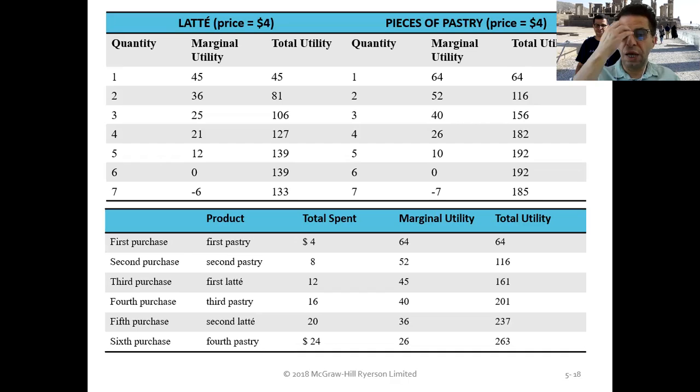Let's look at this. We have a piece of pastry, which is $4, and we have the latte, $4. We assume here the prices are the same. Now the marginal utility for the latte is 45.